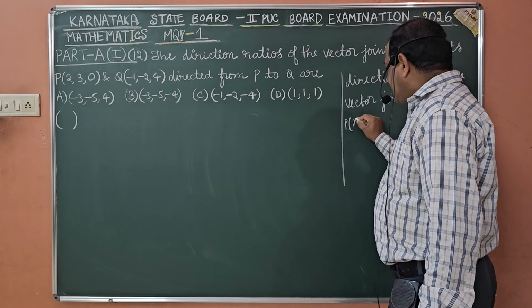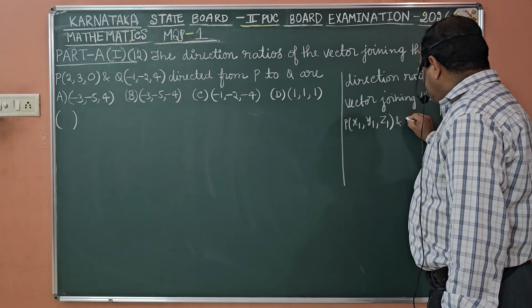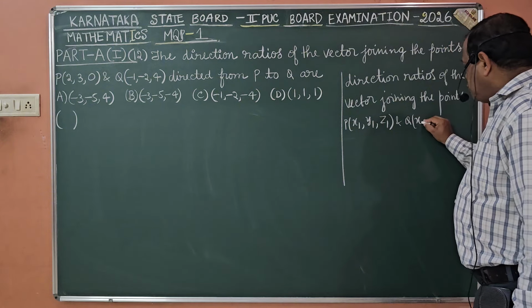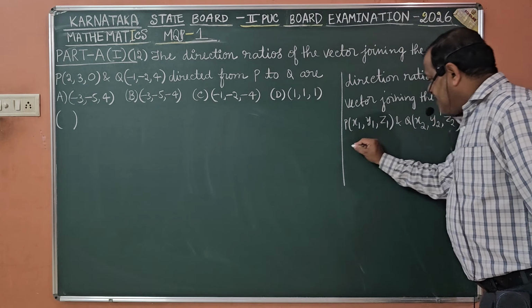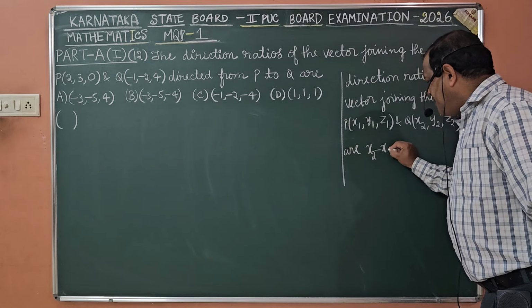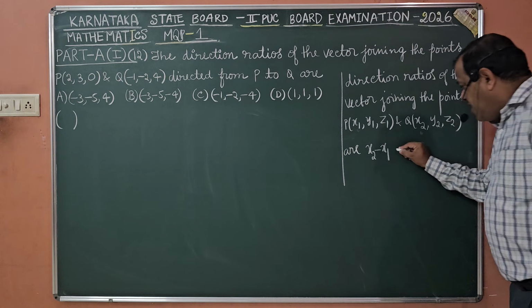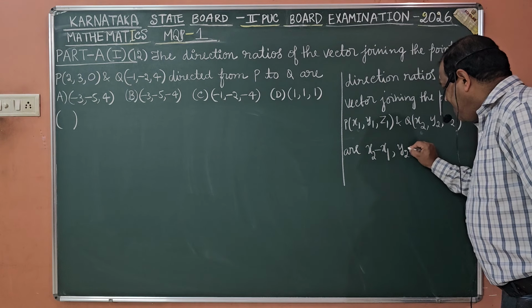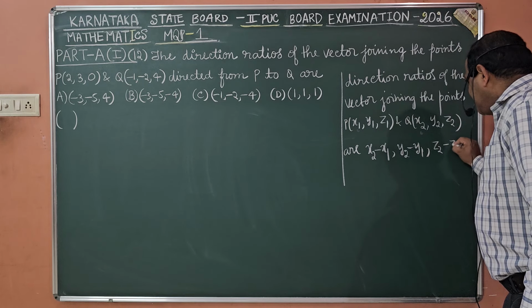P of x1, y1, z1 and Q of x2, y2, z2 are, always remember, x2 minus x1, comma, y2 minus y1, comma, z2 minus z1.